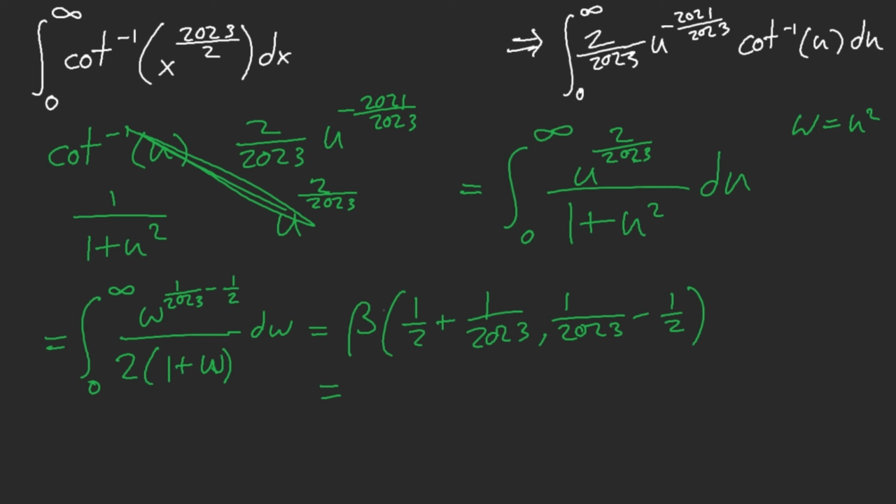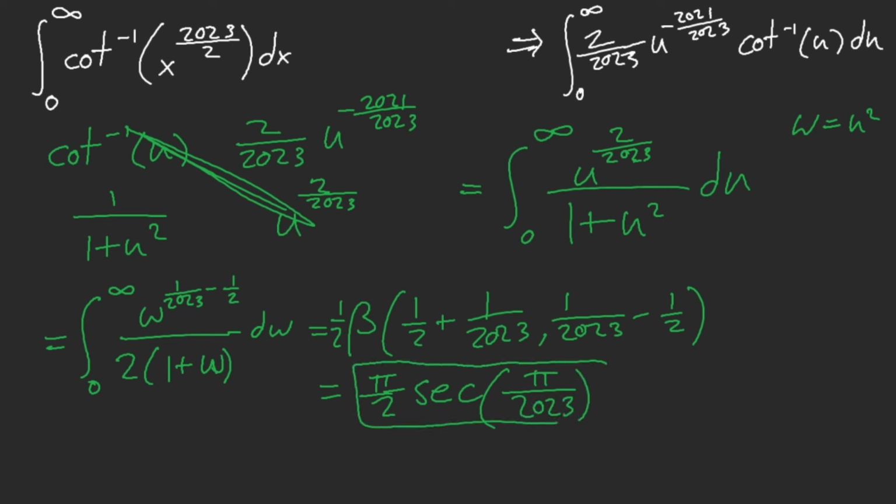Don't forget the half, we nearly died. We have a half times pi over 2 times secant of pi over 2023. So our answer is pi over 2 times secant of pi over 2023.